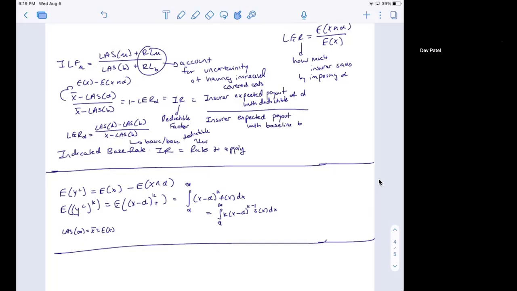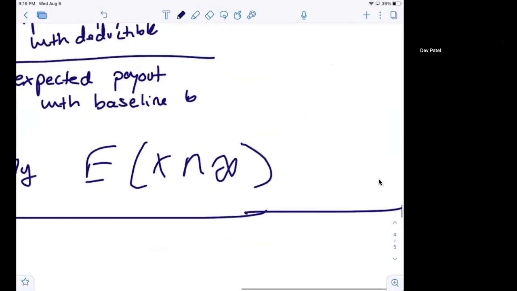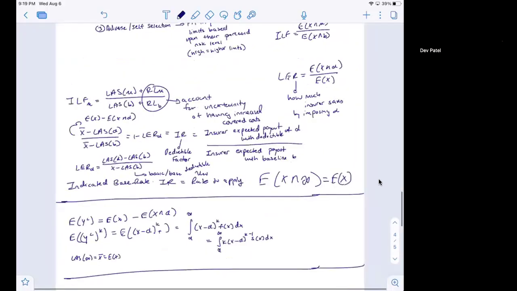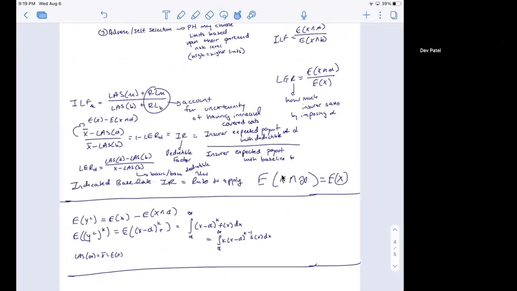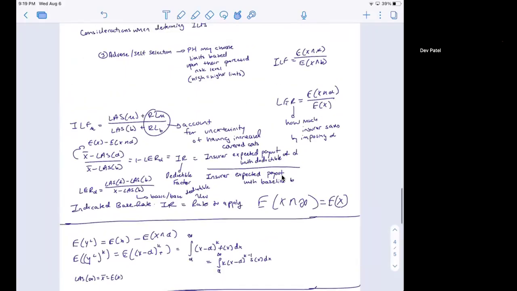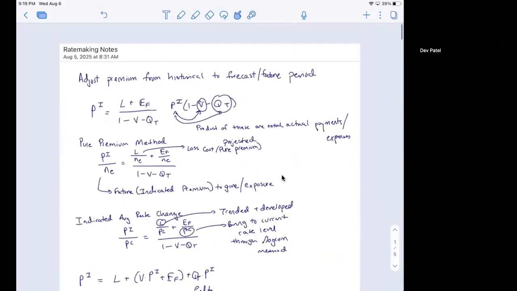One of the other things I would say to go over is when you're calculating LAS of D and LAS of B, just keep in mind that when you get to expected value of X with limit infinity, that is just the same thing as expected value of X, right? So that's another thing. So that's, at a high level, some of the main concepts of rate making.